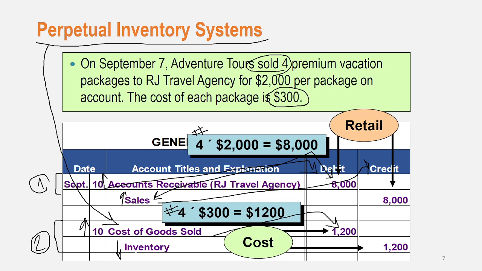So the total level of inventory decreases, and a decrease in inventory is considered a credit by 1,200. Inventory belongs to assets, and a decrease in asset sub accounts is considered a credit. So inventory becomes credited by $1,200. So in the second level, we have cost of goods sold for the perpetual inventory system, and the decrease in inventory considered as a credit by $1,200.